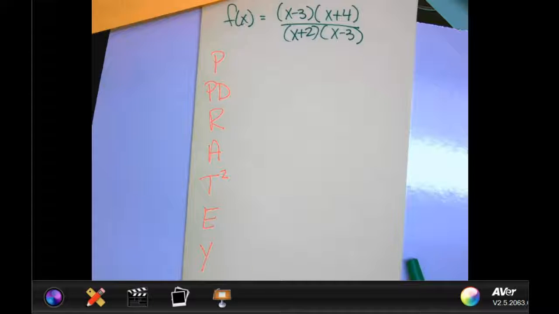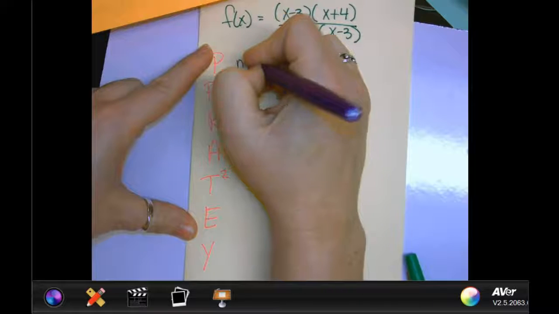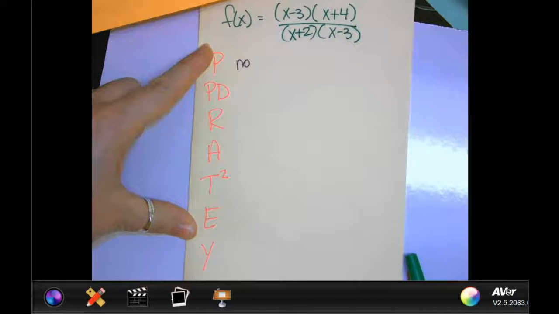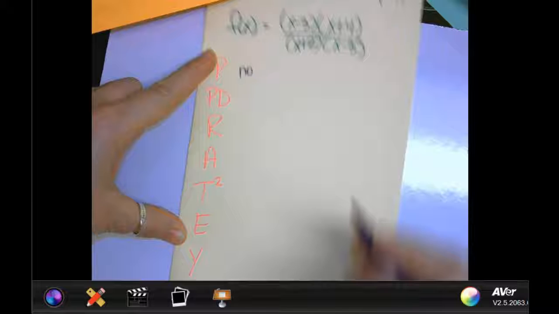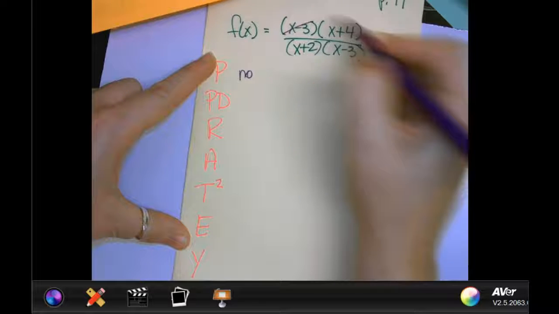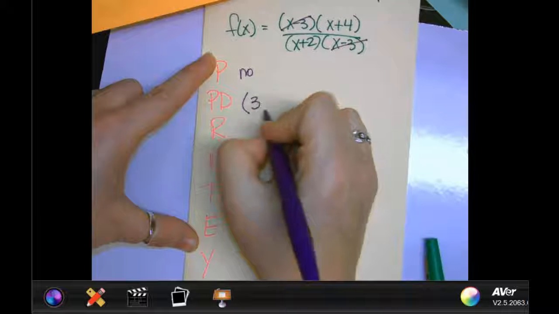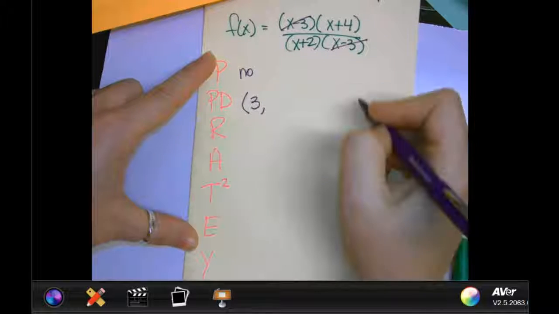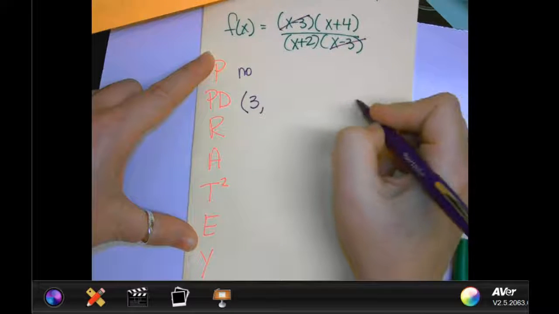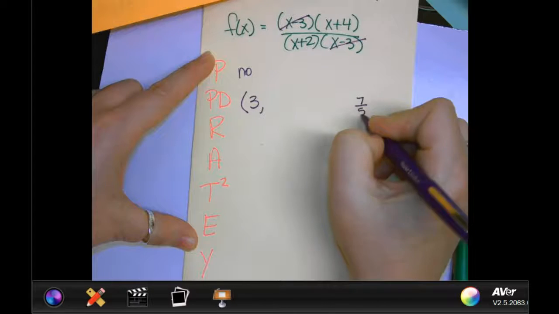All right, so does this thing have a parent? Does it have a parent that you can just transform? No. Okay, so no parent. Does it have point discontinuity? Yes, because I can cancel these out. So my x value is at 3. Then my y value would be 7 over 5.